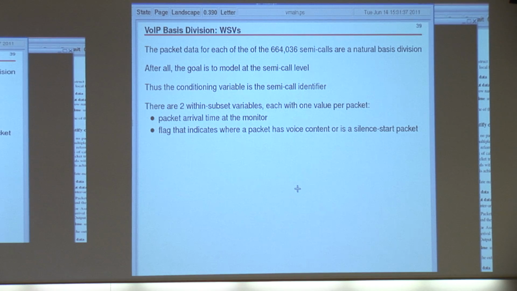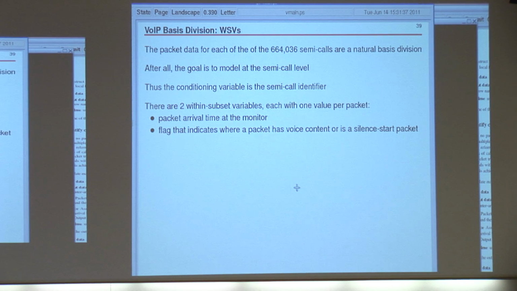the number of packets for a semicall goes from 0 in the basis division. You could say it goes from 0 because one direction of the call never even forms. That's just part of this whole small call thing.